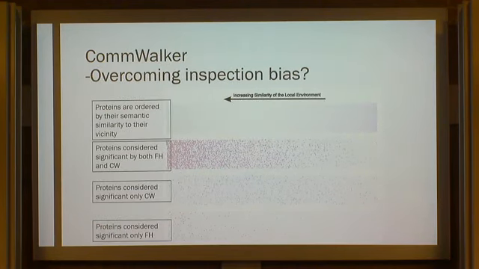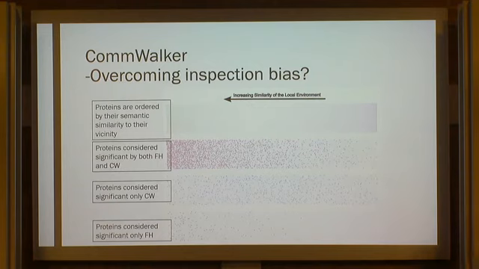So the first question is, am I overcoming what I actually said I wanted to overcome, which is inspection bias? You might not be able to see the colours on here. This is the HINT-P network, and it's laid out not really in a network way at all, but the nodes are laid out so that there's increasing similarity of the local environment. So it's like that picture I had at the beginning with the purple and green.